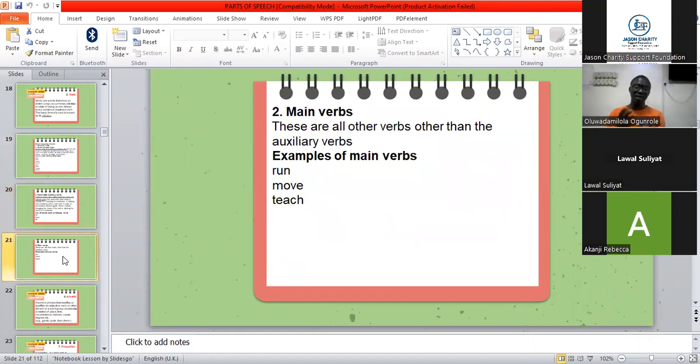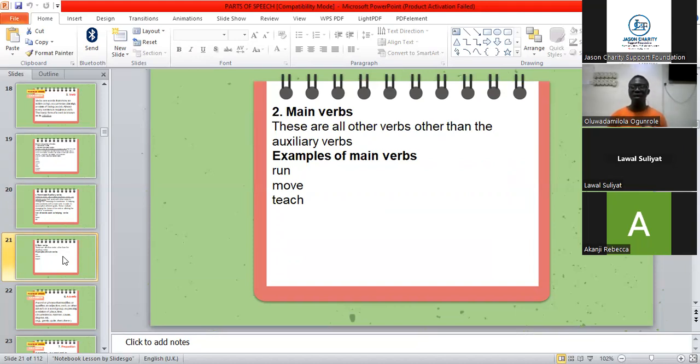And then we'll say the second category is the main verb. Now the main verbs are all other verbs other than the auxiliary verbs. Don't forget, we have two kinds of auxiliary verbs. We have the modal auxiliary verbs that speak about a specific mood in our sentences, and we have the non-modal auxiliary verbs that assist the main verb in accomplishing a goal, or they can be used as a main verb as the case arises.